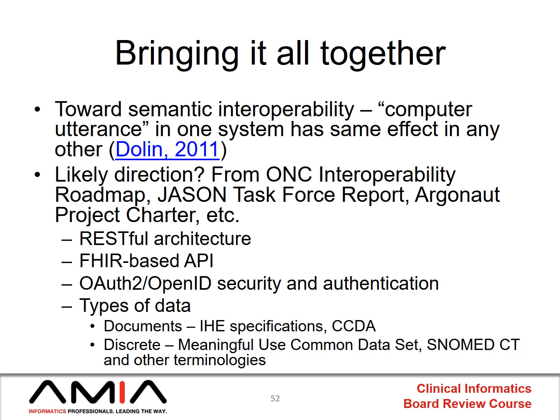There will be the use of OAuth 2 and OpenID for security and authentication of individuals, and there will be two major types of data. There will be documents that we historically use in healthcare, specified by the standards from IHE and the consolidated CDA. And then there will also be discrete data, initially the meaningful use common data set, and then expanding with Snomed CT and other terminologies.